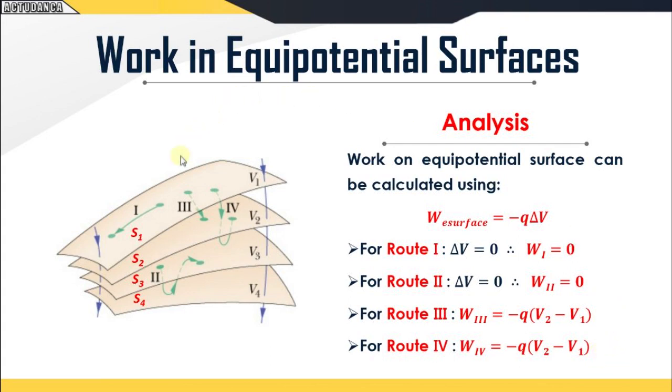Bakit? Dahil pareho lang ang kanilang starting point and initial point. Regardless sa dinaanan nila, regardless kung gaano kaikli or kahaba ang kanilang dinaanan na ruta, pareho pa din ang work nila. Dahil pareho ng starting and pareho ng ending point.